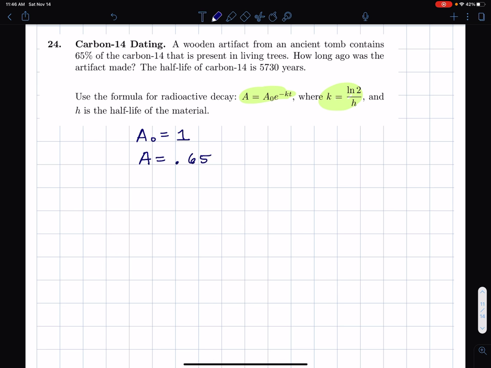So what's going on is that A0 is the initial amount of C14.